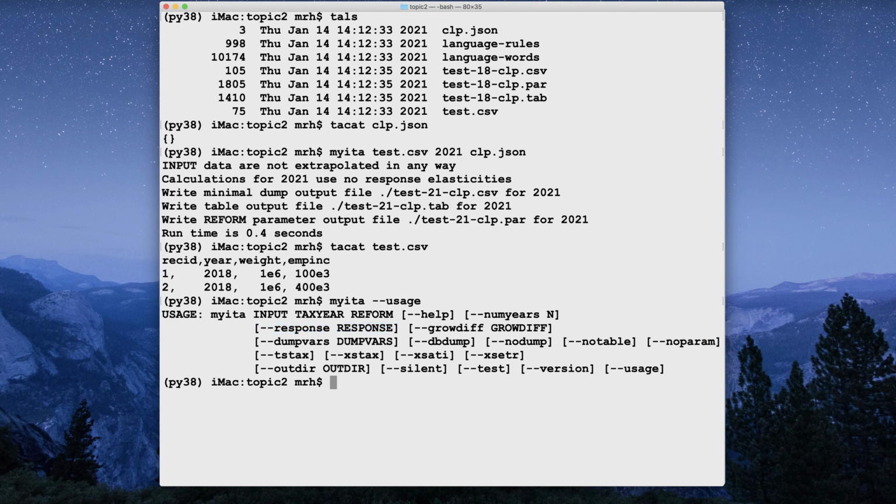That's the very end of the training. So what it did is write 3 files. It wrote a dump output file, and it gives you the name, and a table output file, and a parameter output file.